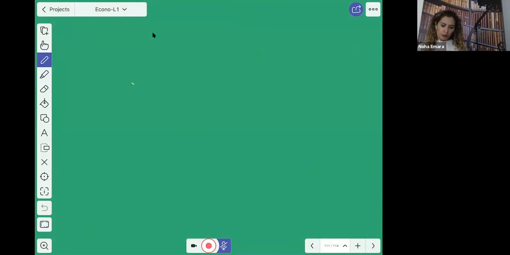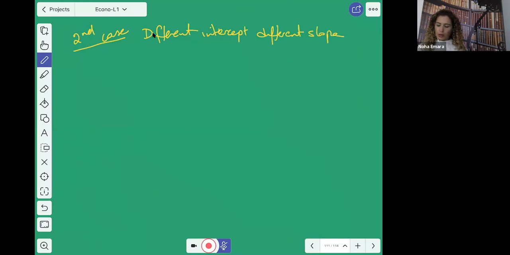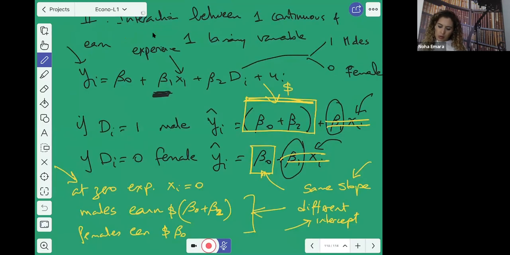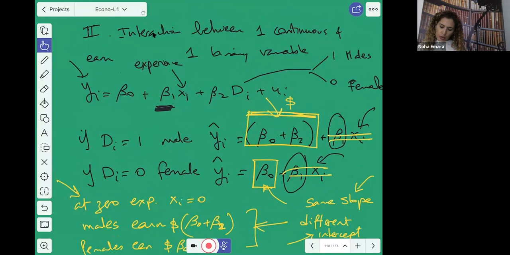So this is the second case, different intercept, different slope. And just to not get lost, remember, everything is still under this big topic, which is the interaction between one continuous and one binary.